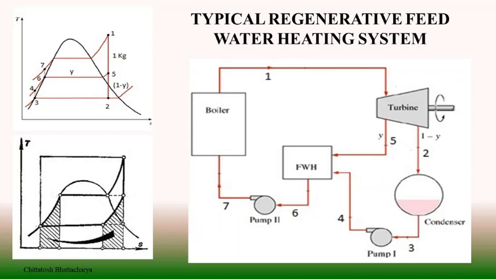Regenerative feed water heating is the system to avoid complete expansion of the steam within the turbine and take some part of it for regenerative feed heating, transferring that heat to the feed water so that we can utilize the entire heat available with the bled steam. The condensate of that bled steam is returned back to the turbine condenser by the cascading method, and therefore we are avoiding the heat rejection which could have been lost, and that heat is being added up in the feed water heating system.